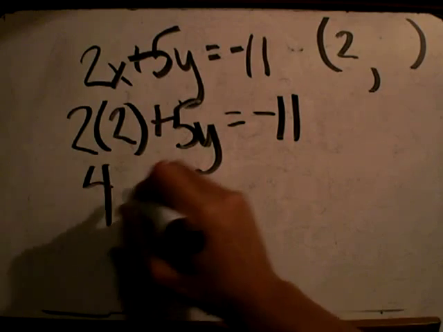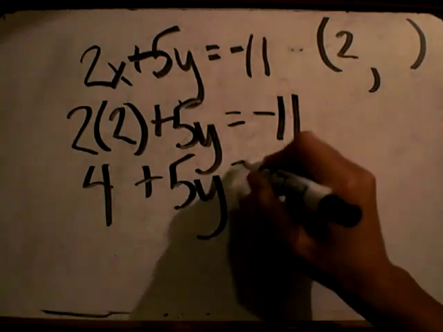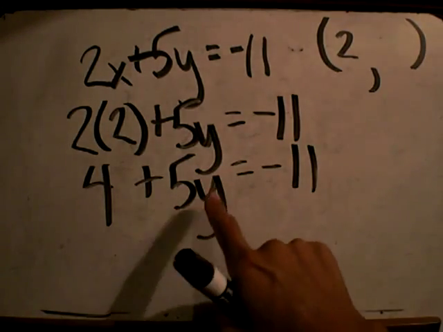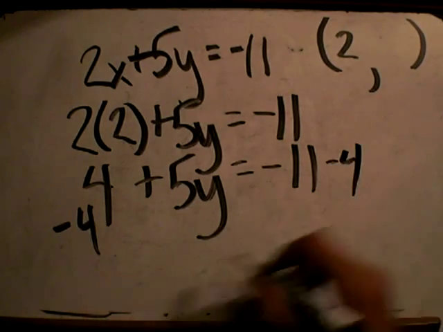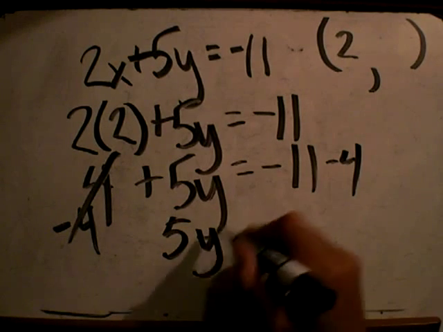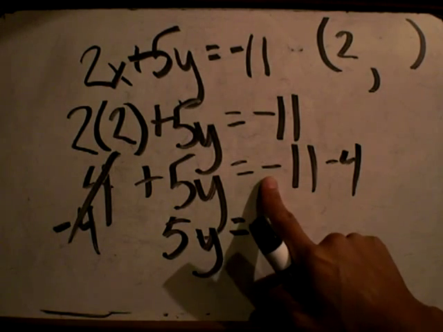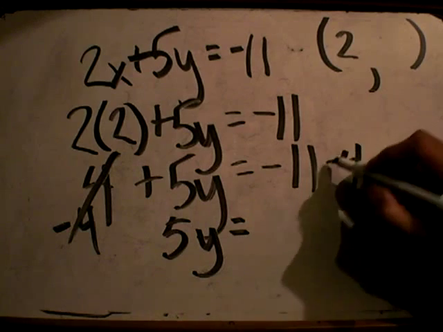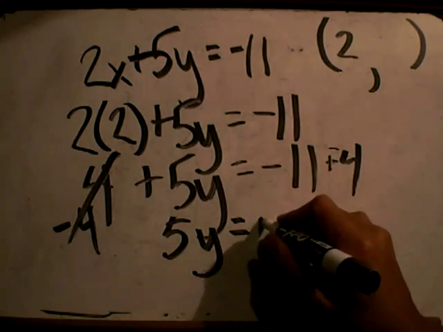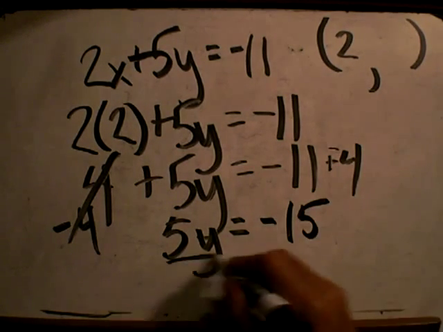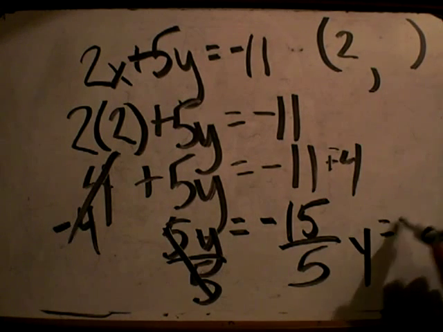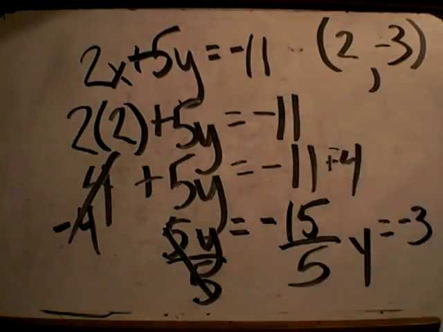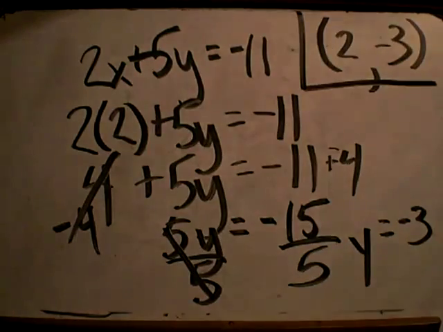So that's 4 plus 5y equals -11. I want to isolate y, so -4 on both sides. I'm left with 5y equals -11 minus 4, which becomes -15. Then I divide by 5 on both sides, and y equals negative 3. There you go, so this is our solution. Our solution is 2, negative 3.